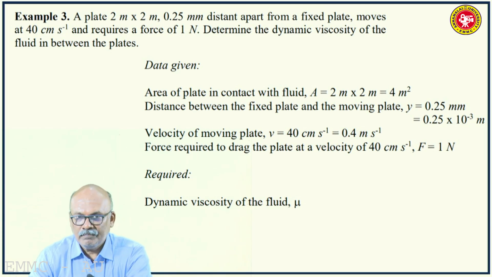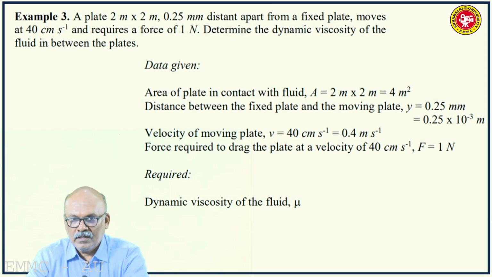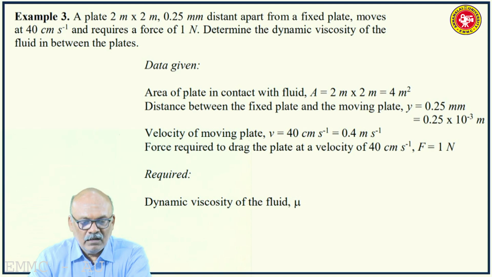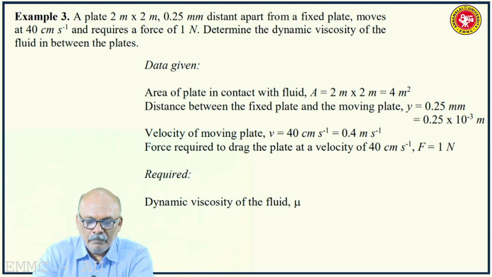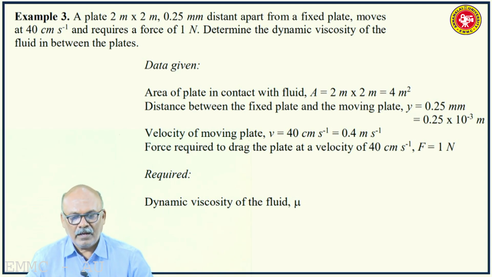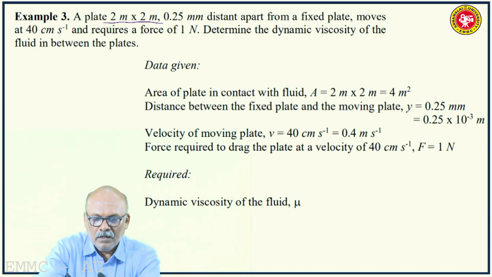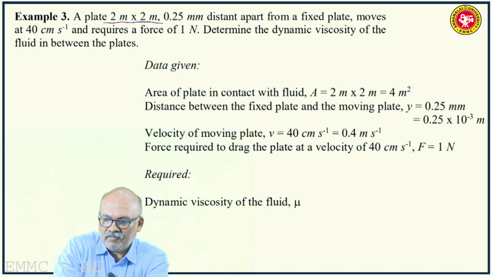A plate, a flat plate assumed, 2 meters by 2 meters, so it has a square surface area, 0.25 millimeter distant apart from a fixed plate. So you have a stationary plate and then another plate at the top of it, which has dimensions 2 meters by 2 meters.